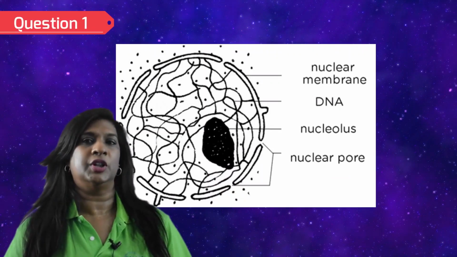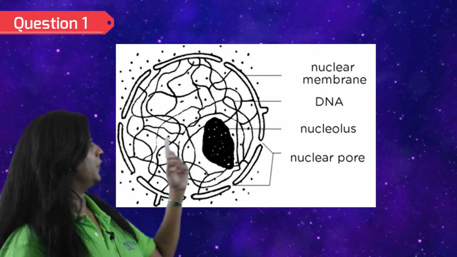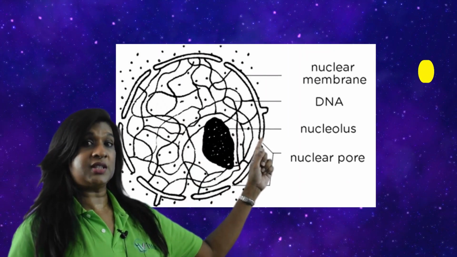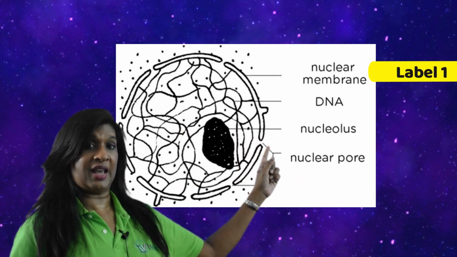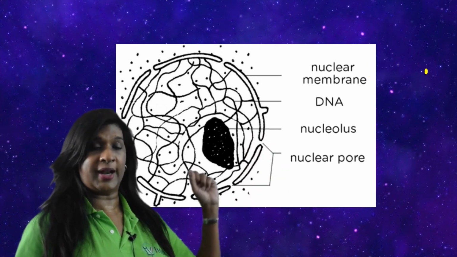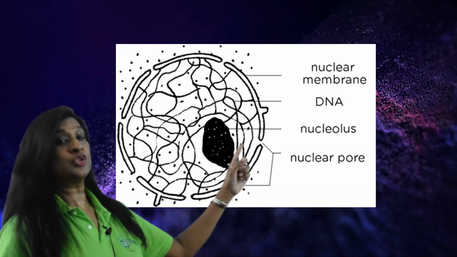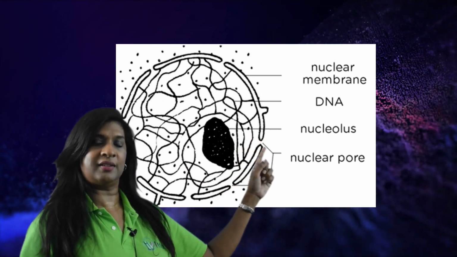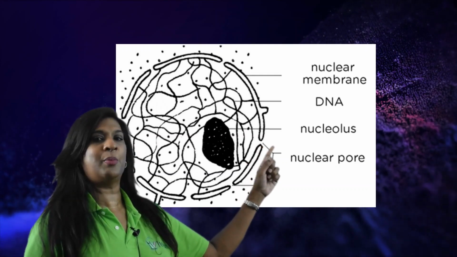Question 1, provide labels for the nucleus. Label 1, you will notice, is pointing at the outermost layer. So that's your nuclear membrane. Label 2 is indicating the gaps in that outer layer, the gaps in the nuclear membrane.